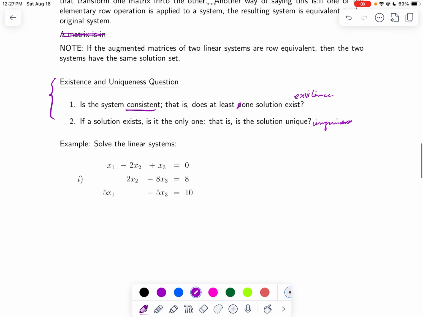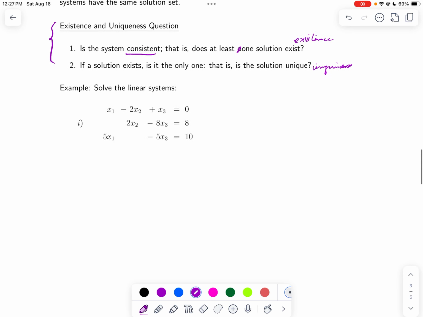So let's dig in. First example, solve the linear system. In all cases, we have three possibilities: a single solution, infinitely many solutions, and no solution. So we have this system, which is actually the same one that we have been working with earlier. We start by writing the augmented matrix.